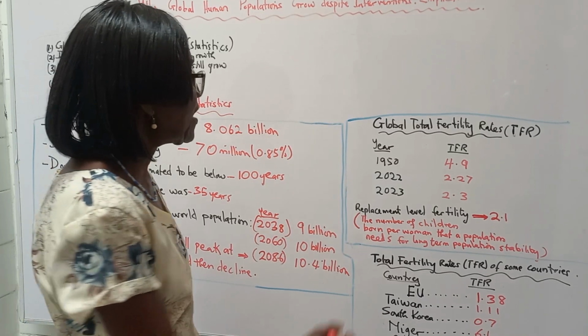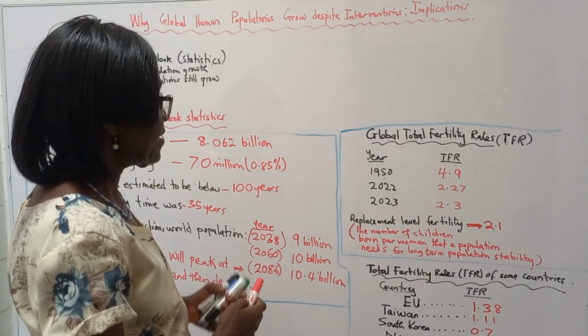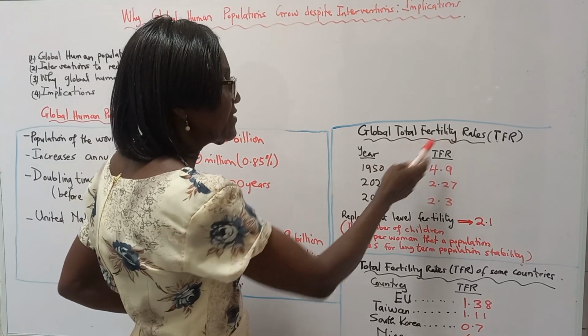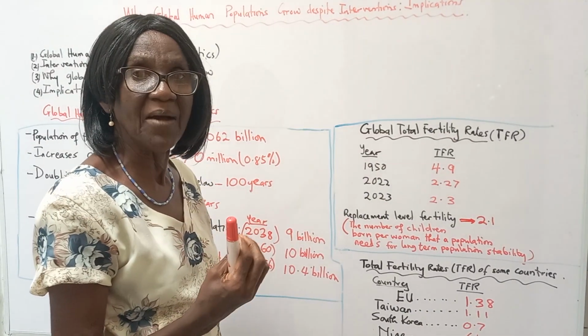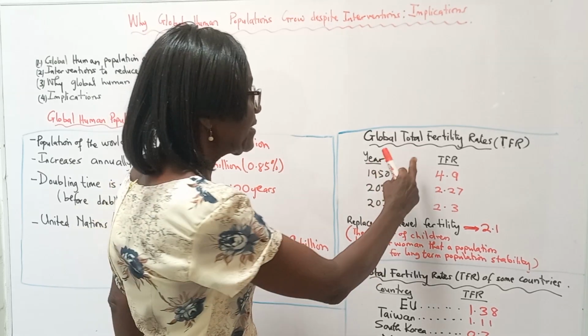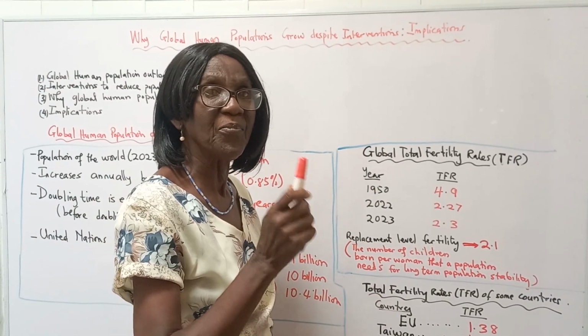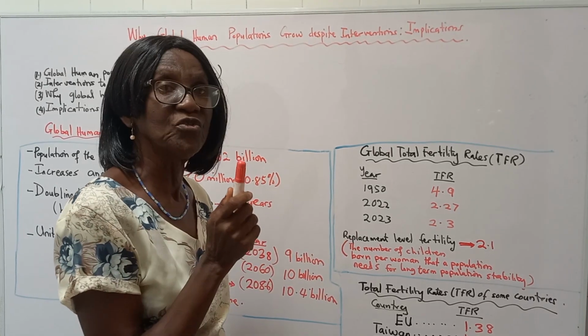We want to look at global total fertility rates too. And you know the total fertility rate is the average number of births per woman of reproductive age. So the average number of births a woman in her reproductive age will produce.